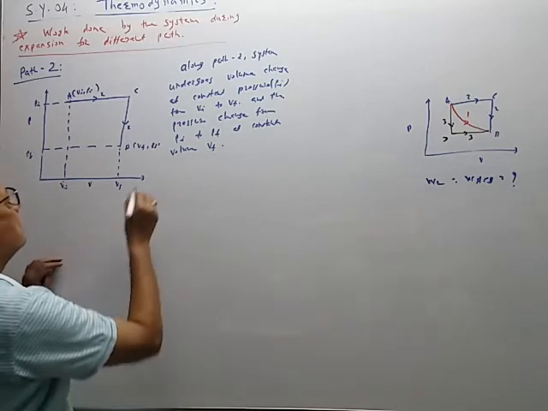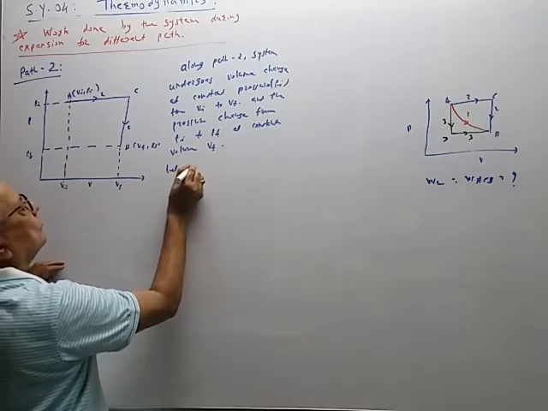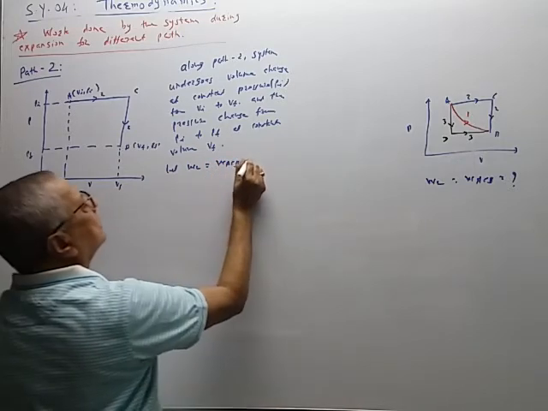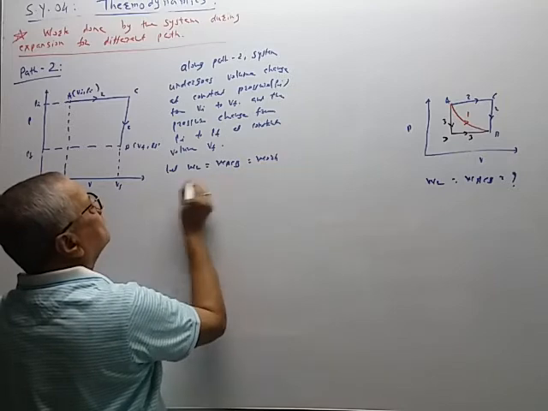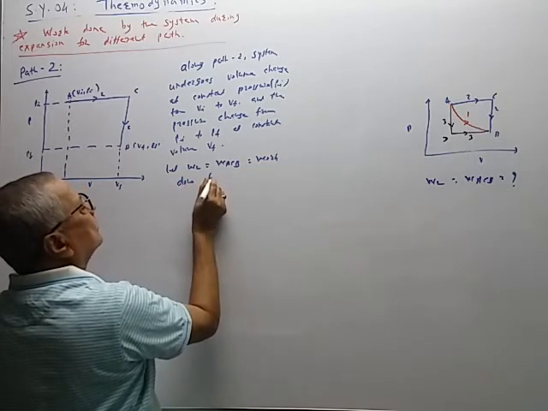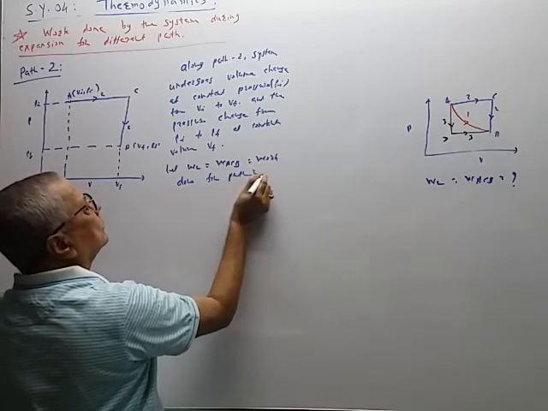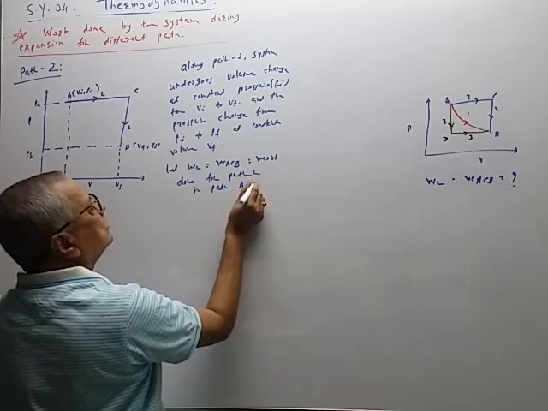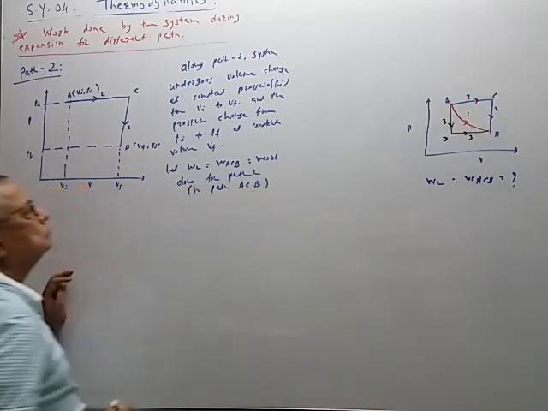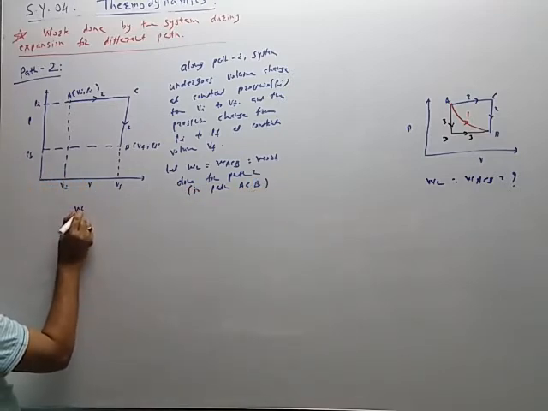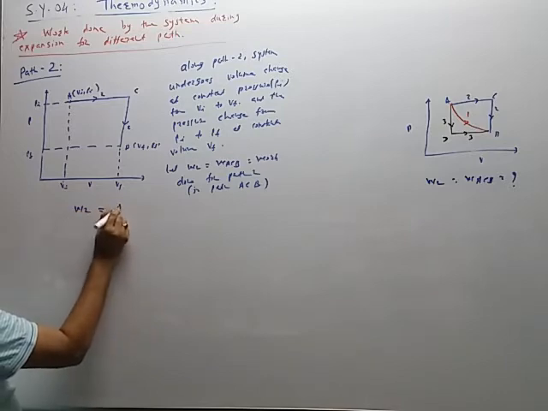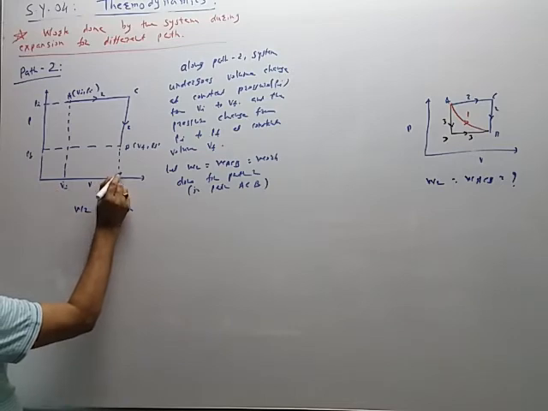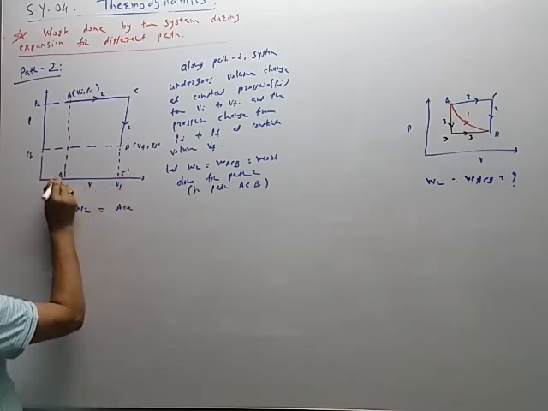So in this case, let W2 is equal to WACB, is equal to work done for the path 2, that is the path A to C, C to B. Then W2 is equal to area ACB; we will name these C dash, A dash.